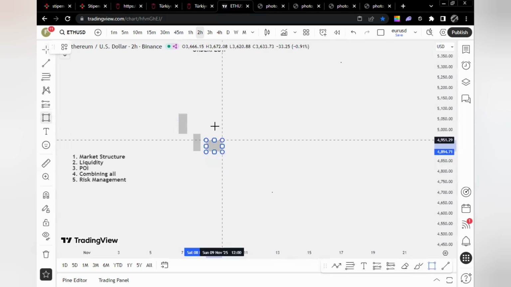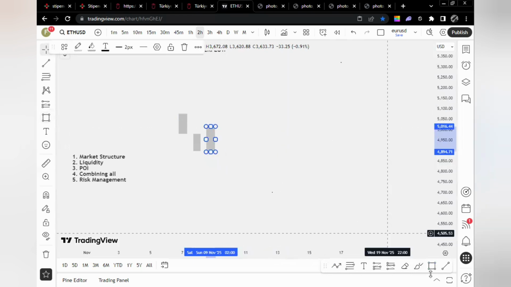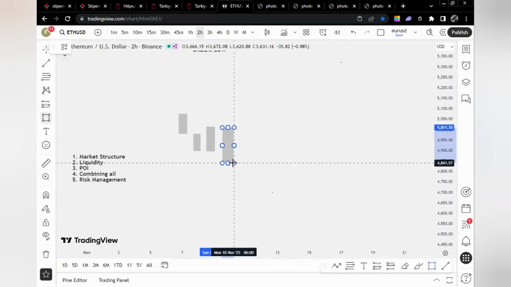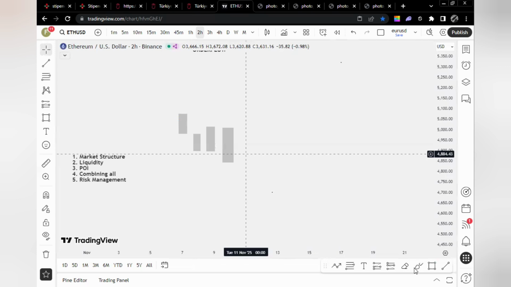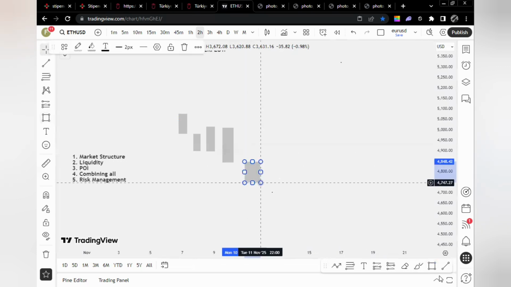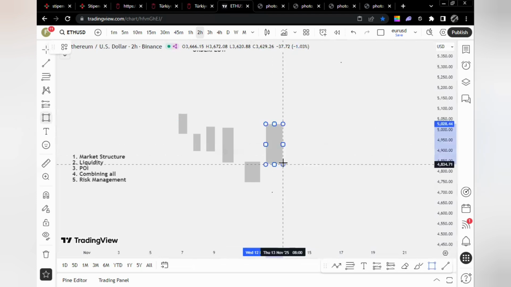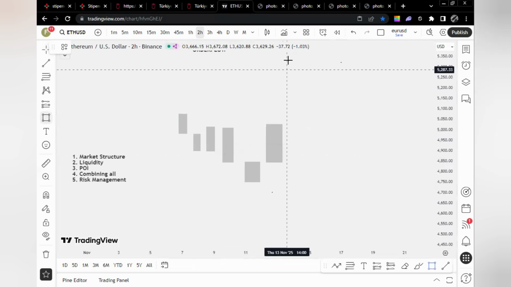Maybe you just have little hiccups on the way, and the market resumes by selling. Now the market resumes and starts doing impulsive moves.